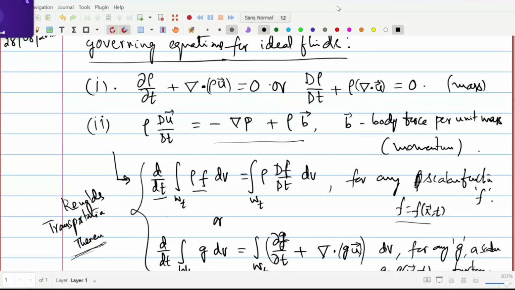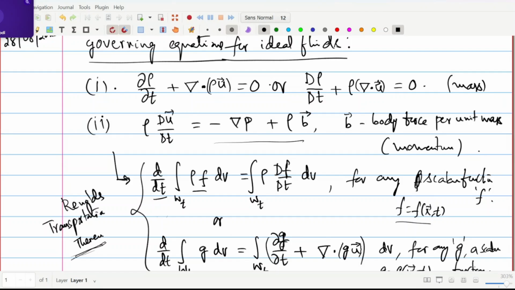When you look at equations 1 and 2, the unknowns are rho and the u vector. The u vector has three components, u, v, w. Rho is a scalar function, and p is a scalar function, the pressure, which you don't know. The body force is usually gravitational or some other force, normally given.